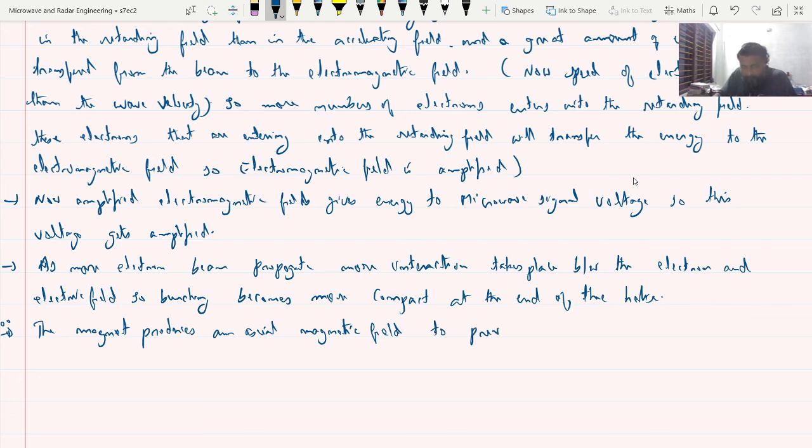To prevent spreading of the electron beam as it travels down the tube.